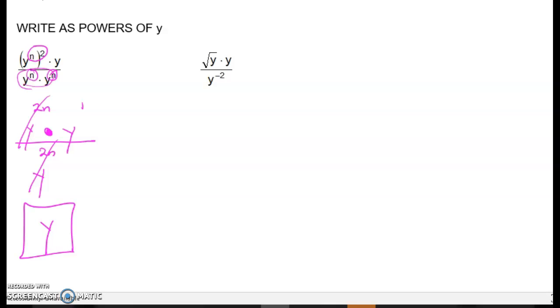Last but not least, we have y, square root of y. So this would be square root. My exponent is a 1 and my root is a 2. So that would be y to the 1/2 power times y to the first power, which is 2 halves. I might need that. I don't know.